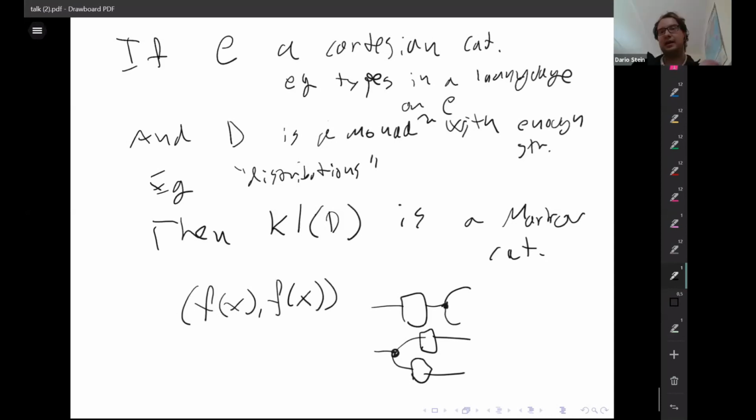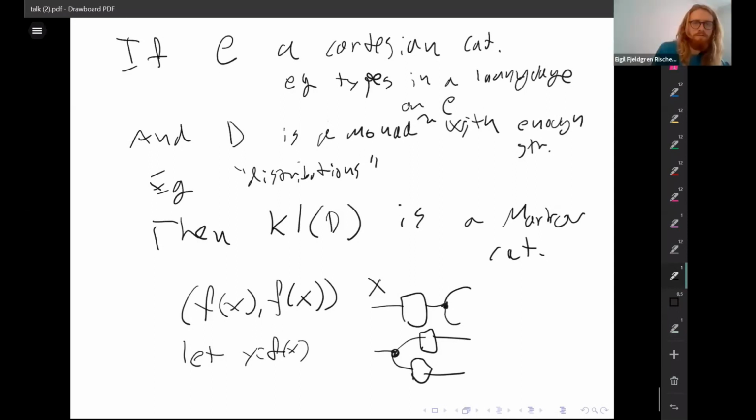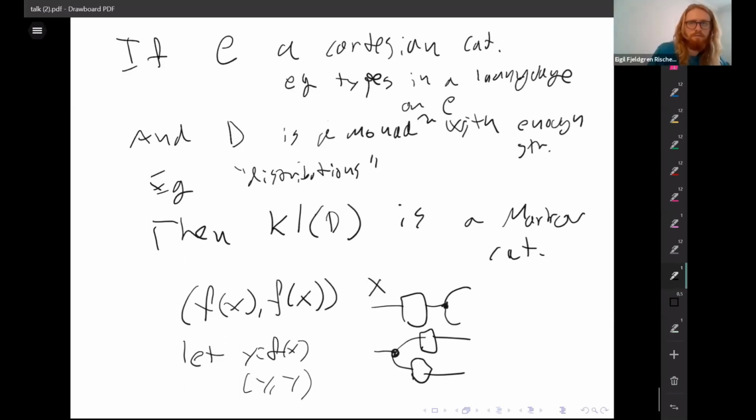Well, that's what let bindings are for. Yeah, sure. I think this is rather cute because people thought you need products to talk about copying of variables, whereas in the Markov approach all you need is this explicit copying structure. This is slightly weaker: the Kleisli categories don't have products, but you don't need them because the comonoid structure is enough. Right, you just need the monoidal structure, exactly.